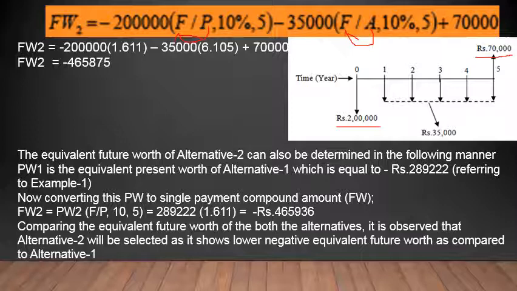Whatever the decision we had following the present worth comparison of alternatives, wherein alternative 2 was selected because it yielded lesser cost to me, in future worth comparison of alternatives also, we conclude in the same way. Here also the cost of alternative 2 is better when compared to alternative 1. Hence the burden on the investor is lesser. That's why we select alternative 2.